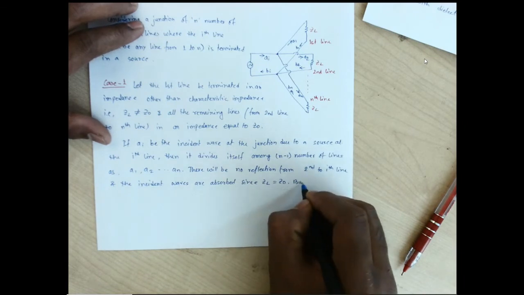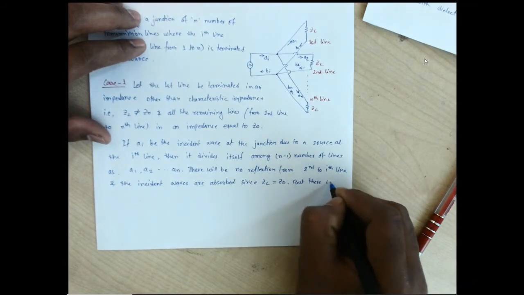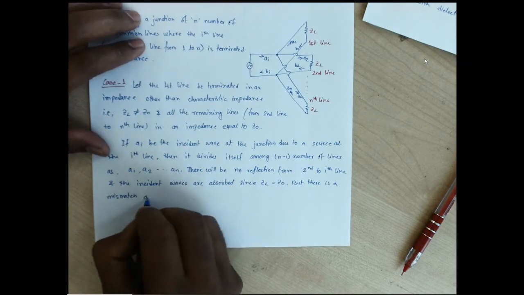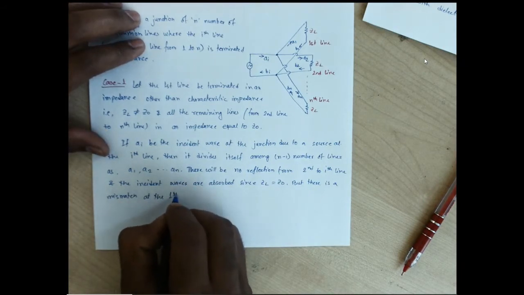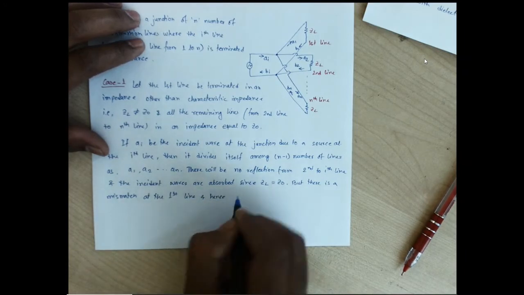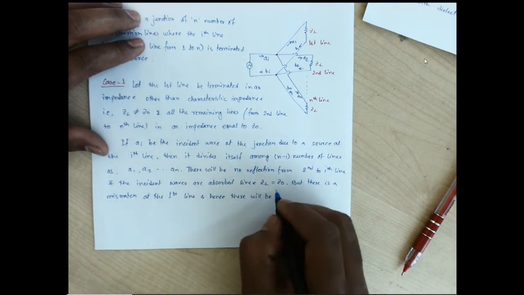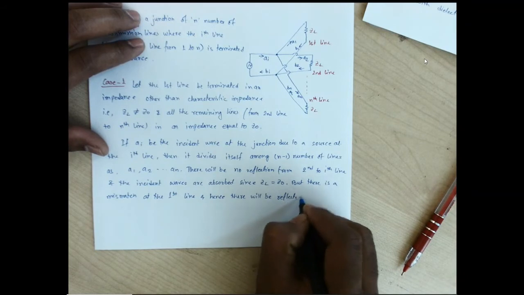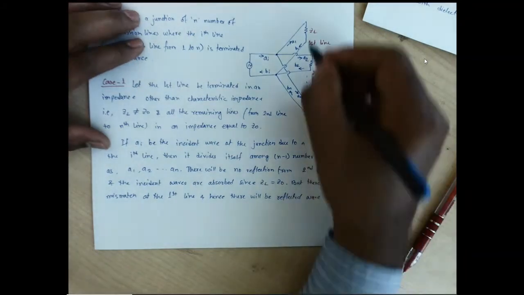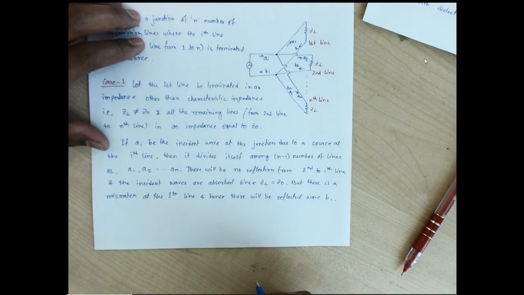But there is a mismatch in the first line, and hence there will be a reflected wave B1. So due to this mismatch, we have this reflected wave B1 being generated from this line.